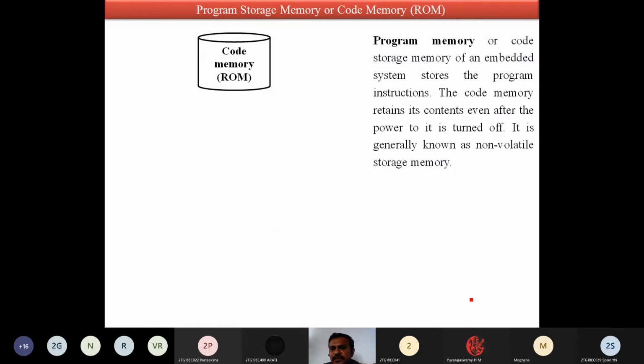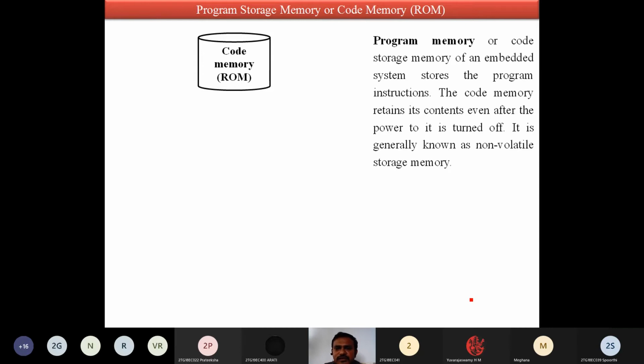Such an environment is called non-volatile storage memory. Non-volatile storage memory means the data or the instruction or the program, whatever is written, will be permanent and it is read only.